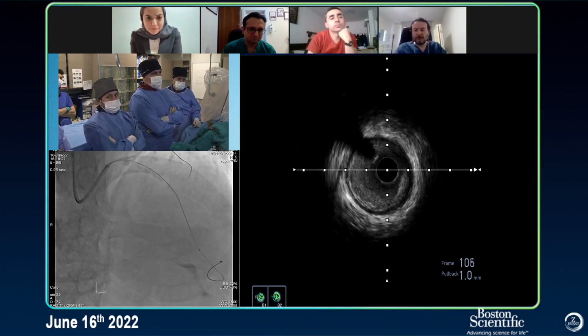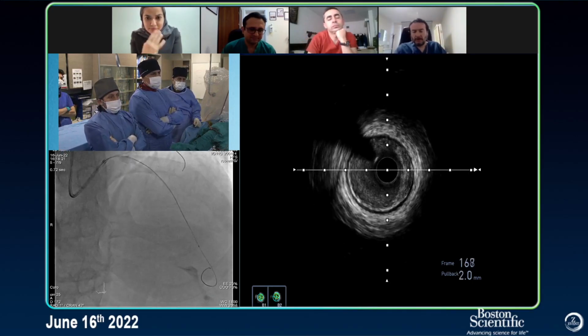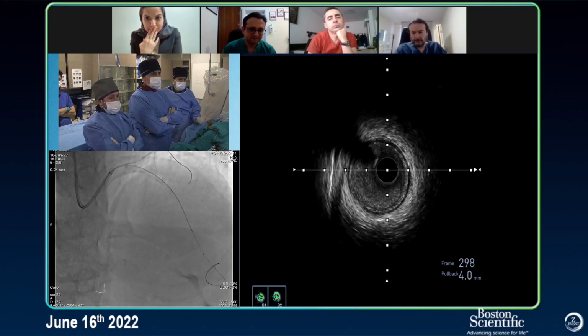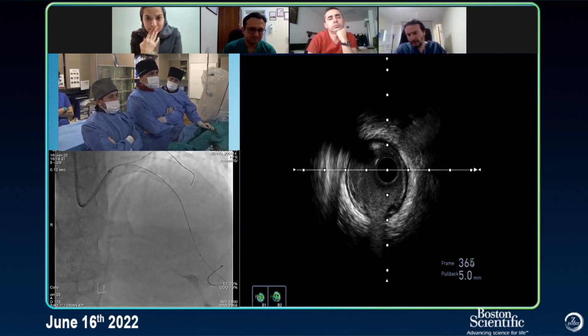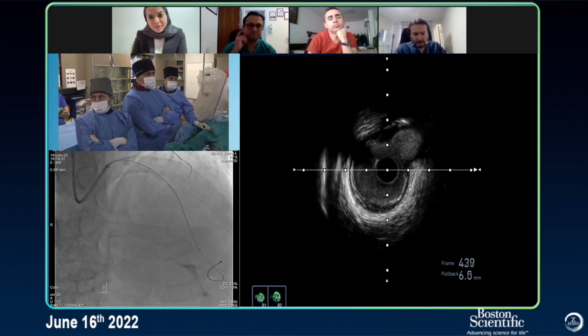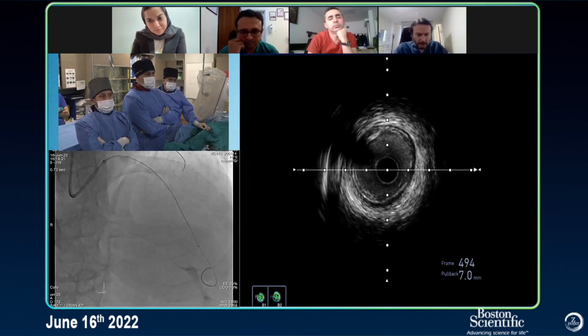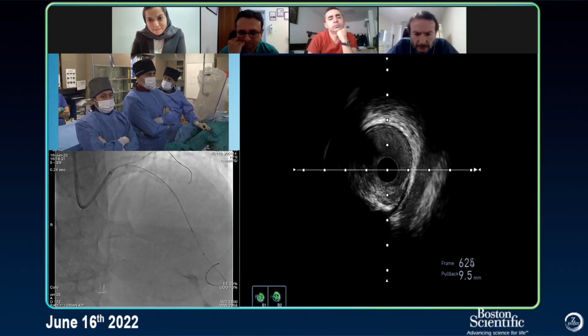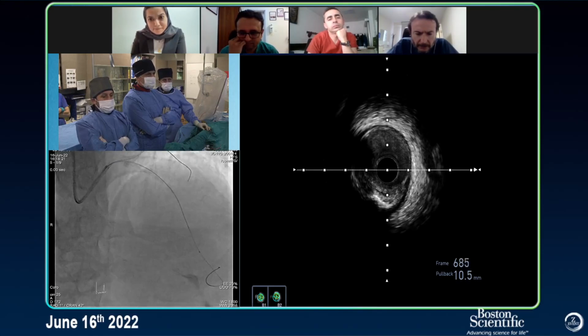Is this the Opticross IVUS? Yeah, this is the Boston HD IVUS, Şevket. And this is the distal healthy part. In here, the vessel is around 3.1, and now we are coming to the disease part.